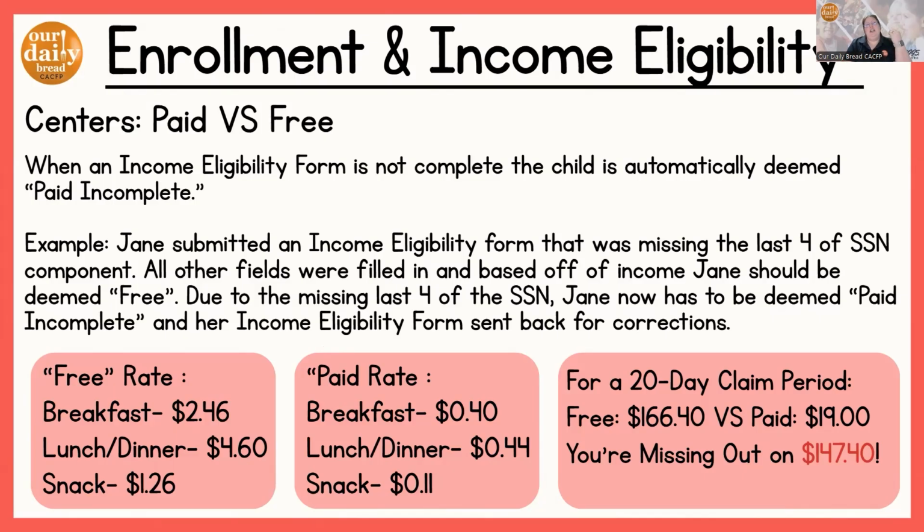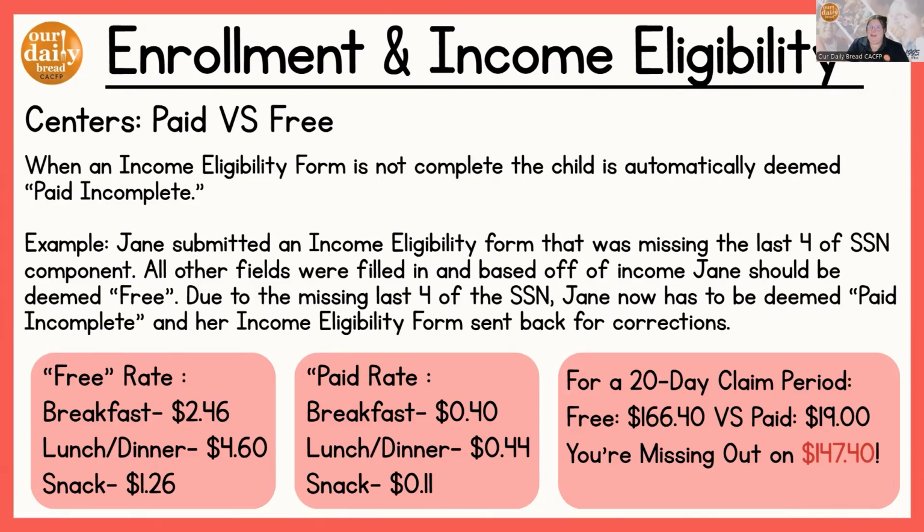So we're going to consider Jane's situation where if we based it off of her income, she would be free. But because the last 4 of the social are missing, she now has to be deemed paid incomplete. So if we compare that free rate versus that paid rate for a 20-day claim period, for free, you would receive $166.